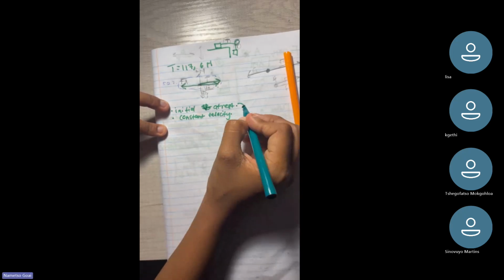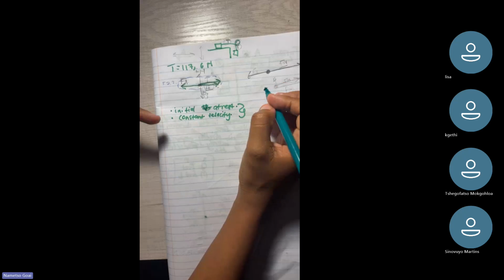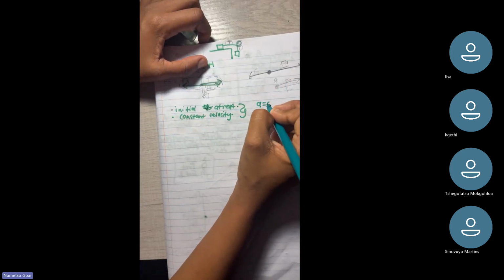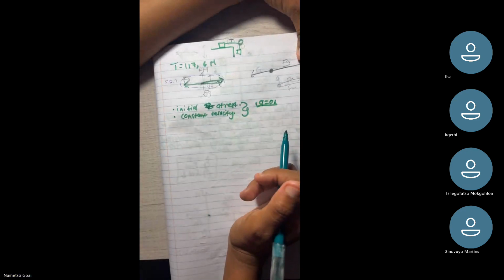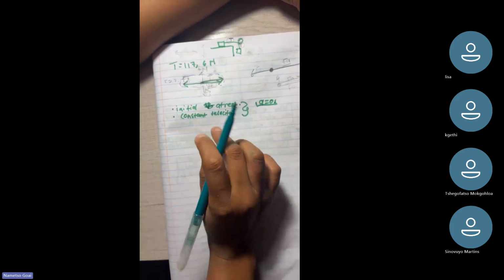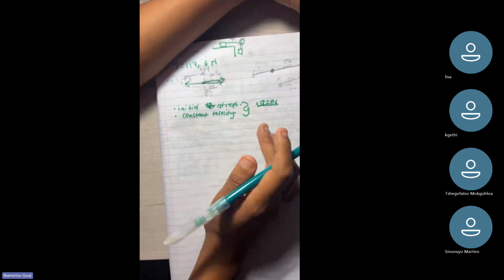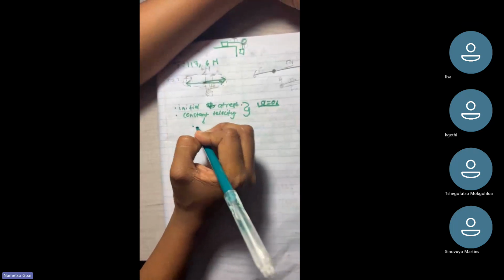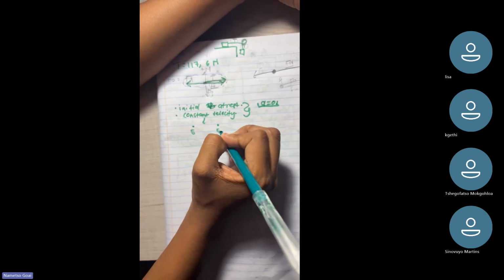Both these things are telling us that acceleration equals zero. Do you get it? Yes, ma'am. Initially at rest or constant velocity both mean zero acceleration. If you're moving at constant velocity, you're moving at the same velocity; here you were moving at 5, here you were moving at 5.